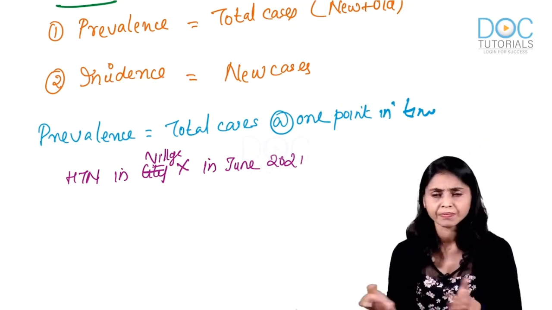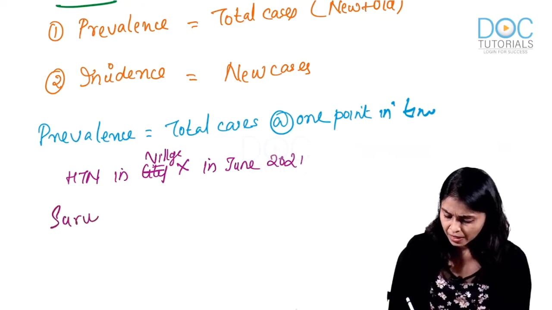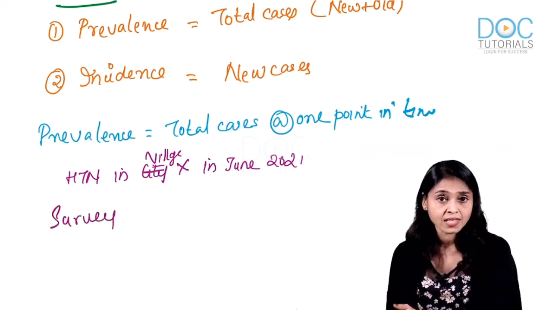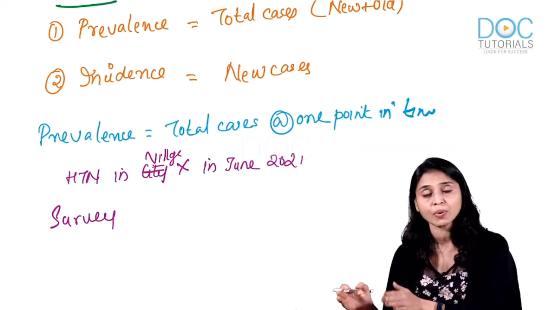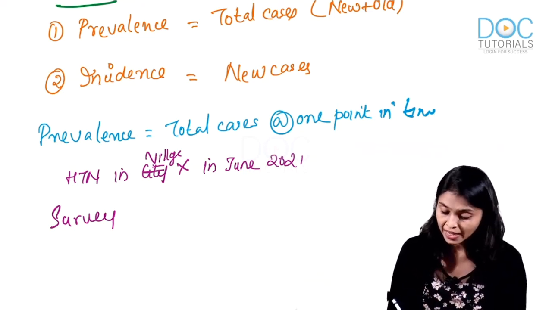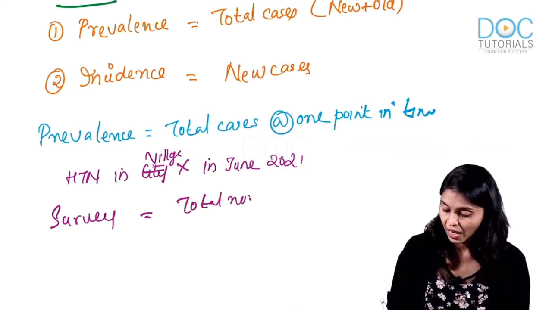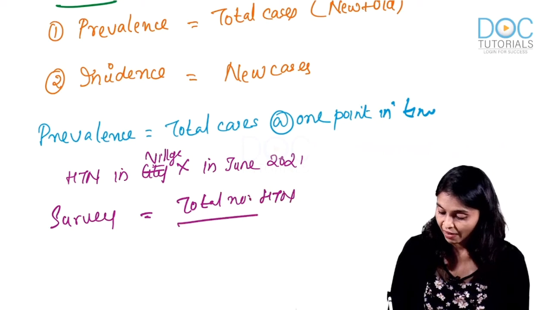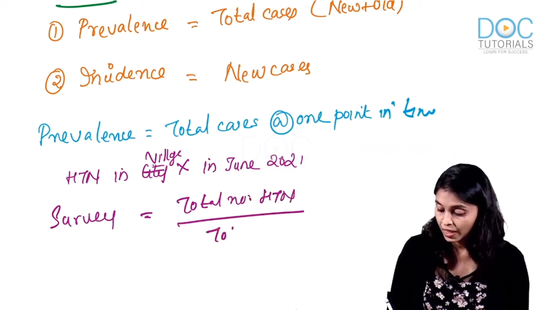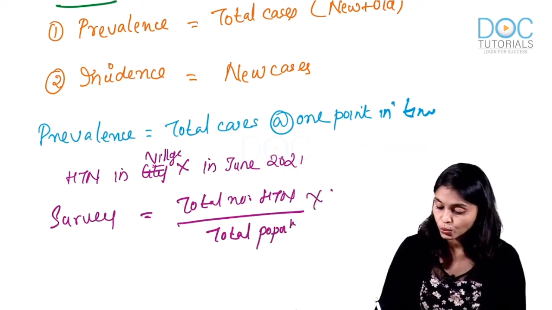How can I do that? Do a survey, right? You go to that village X, then in June 2021, you see how many are hypertensives. Then I can calculate the total number of hypertensives divided by the total population of village X into 1000.